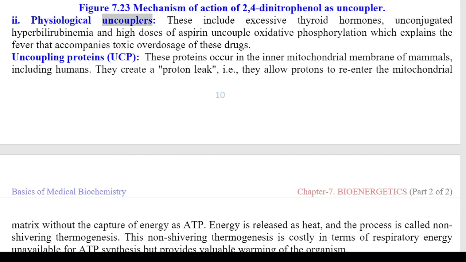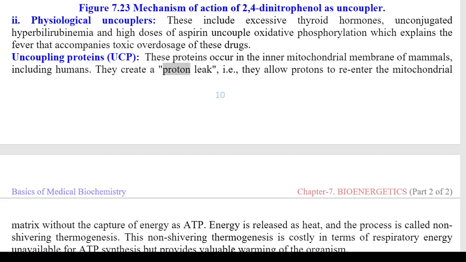Physiological uncouplers include excessive thyroid hormones, unconjugated hyperbilirubinemia, and high doses of aspirin, which uncouple oxidative phosphorylation and explain the fever that accompanies toxic overdosage of these drugs. Uncoupling proteins, UCP, occur in the inner mitochondrial membrane of mammals, including humans.